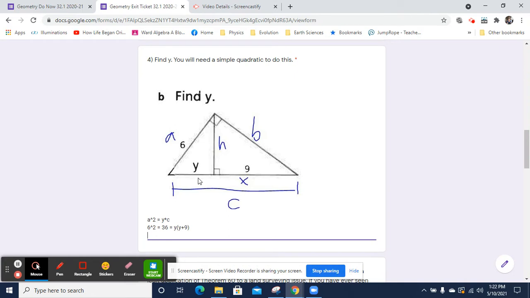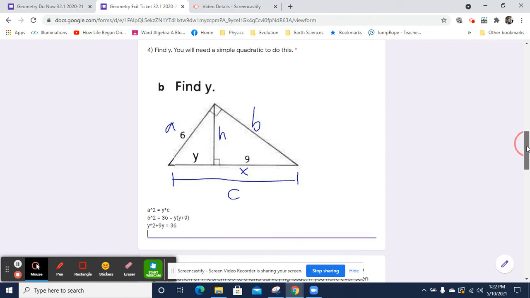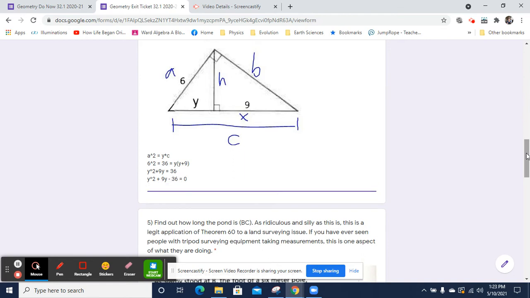I'm going to have y times y plus 9, which will be y squared plus 9y, and that's going to equal 36. I want to make that equal to 0 so I can start solving it. So y squared plus 9y minus 36 equals 0.